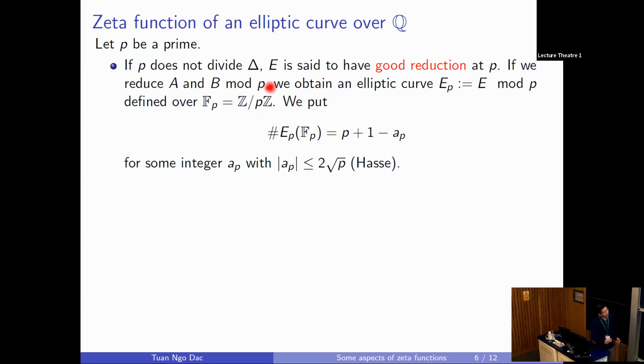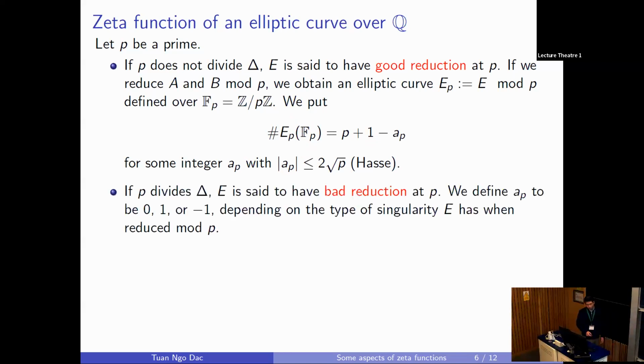So here you count the number of points over F_p. It's a finite number, and you define a_p to be p plus 1 minus this number. It's known by Hasse that you have an upper bound on a_p. And for the other p, which we call bad, you just put a_p equal to 0, 1, or minus 1 as you want.